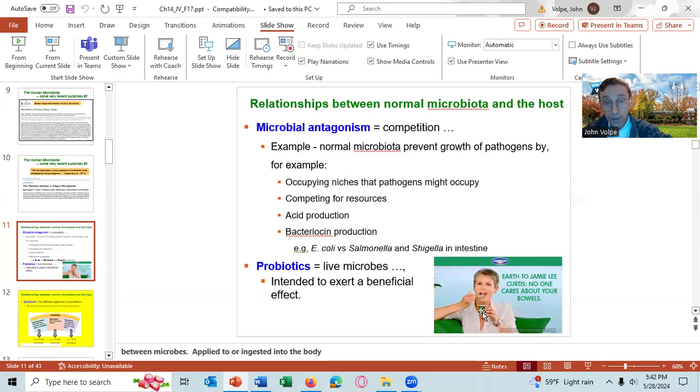Another advantage of eating yogurt with live cultures is it reduces the chance of getting a yeast infection. The bacteria that you consume in the yogurt colonizes you and then occupies the niche, competes for resources, and then the yeast cannot get established and then cause a yeast infection. Any question about any of that?